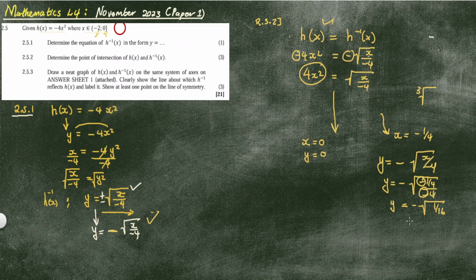Square root of 1 over 16. Y is equal to minus 1 over 4. Therefore, another point: the first point was 0 and 0, and the next one is minus 1 over 4 and minus 1 over 4. So these are the points of intersection.